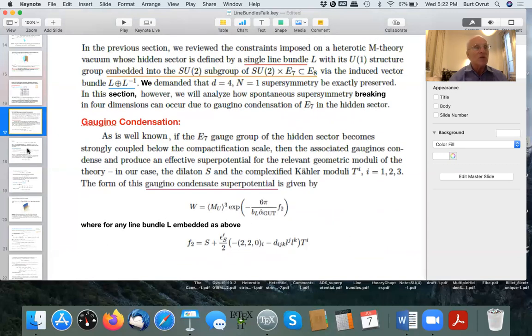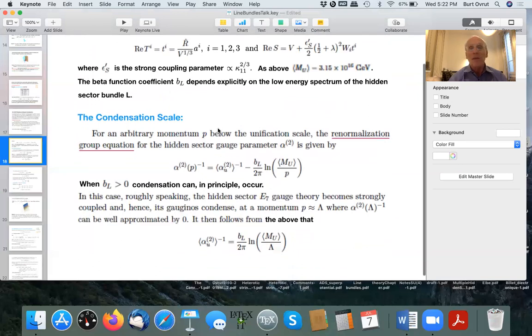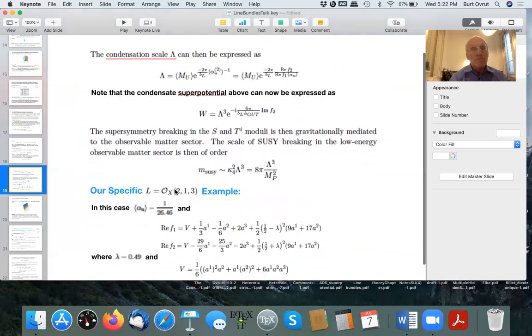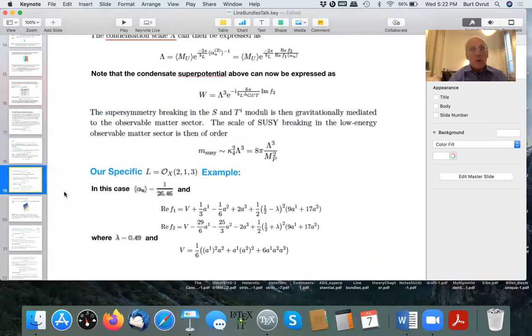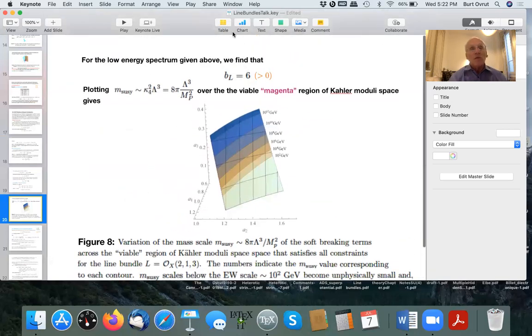I'm sorry, I've dropped this somewhere along the line. I'm not entirely sure where. B of L is equal to 6. In any case, we find that B of L is equal to 6 when we have that particular large scale. It's bigger than 0, so therefore you can get condensation.